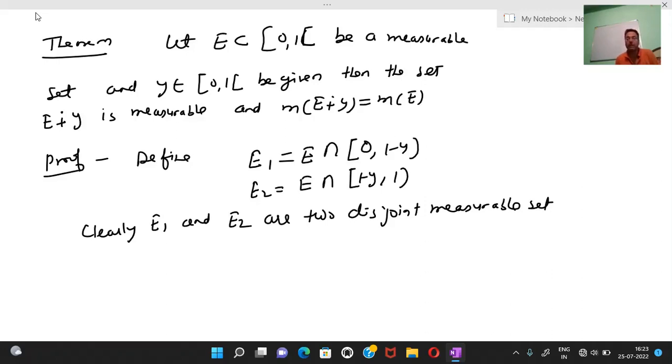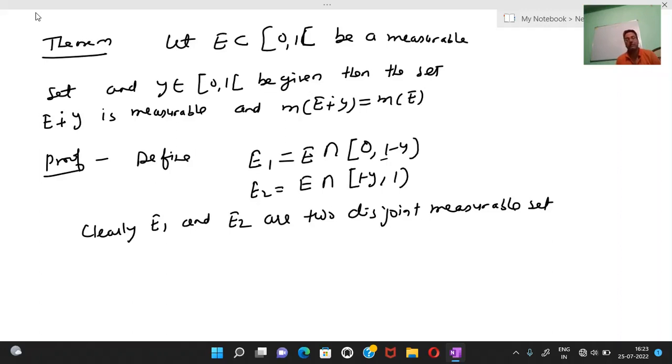Why are these two sets disjoint? Because E1 is the intersection of E and [0, 1 minus y), and E2 is the intersection of E and [1 minus y, 1).